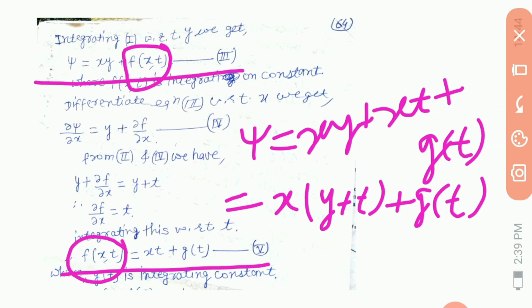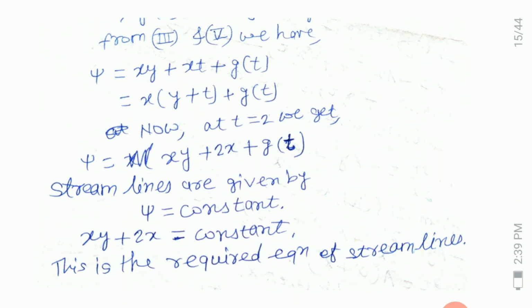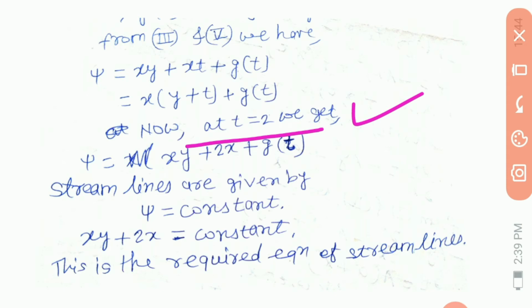Now we have t is equal to 2. At t is equal to 2, we get psi is equal to xy plus xt, in place of t we have 2, so 2x plus g of t as it is.